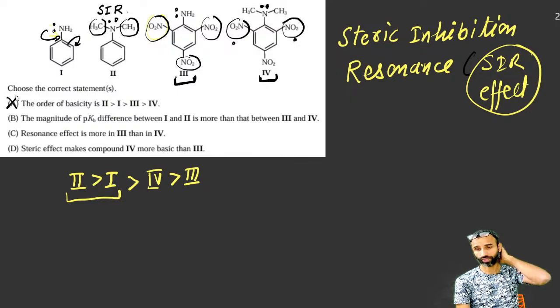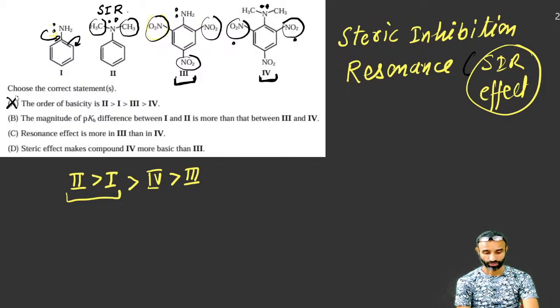Now come to the second. The magnitude of the pKa difference between 1 and 2 is more than that between 3 and 4. That means the difference in basic strength between 1 and 2 should be similar, no?